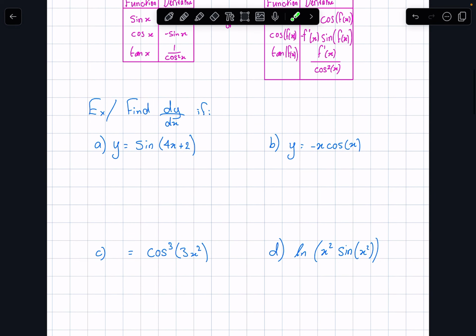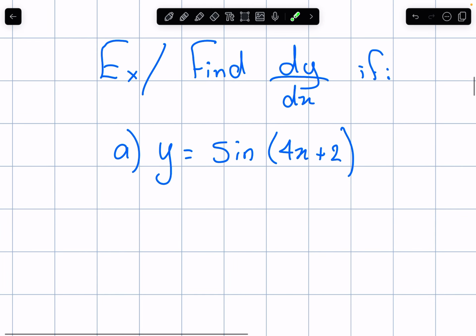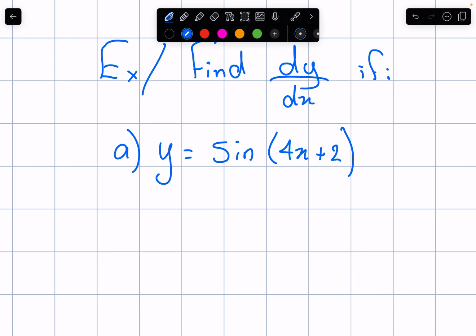So I've got 4 examples here. Let's focus on this first one to start with. Find dy by dx if y equals sine of 4x plus 2. Now we can see we don't just have x, we've got 4x plus 2. So when we first start finding the derivative, dy by dx, we have to find the derivative of the inside of my sine function.